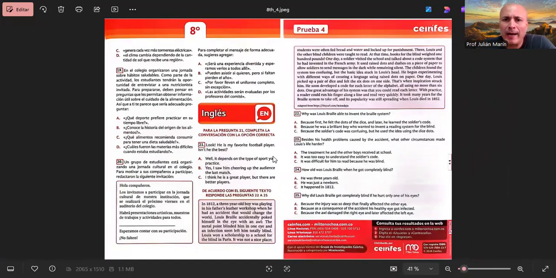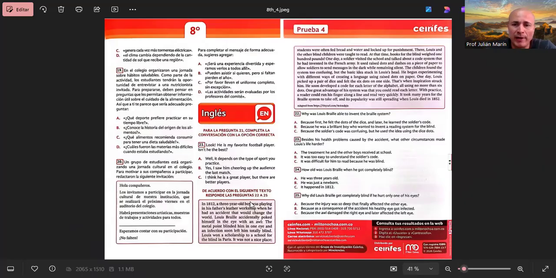So let's start by analyzing the type of questions or exercises we have. In this case, we have two different kinds of exercises. On the first part, right below the label English, we have just one question, question 21, based on a specific kind of exercise in which you just need to complete a conversation.